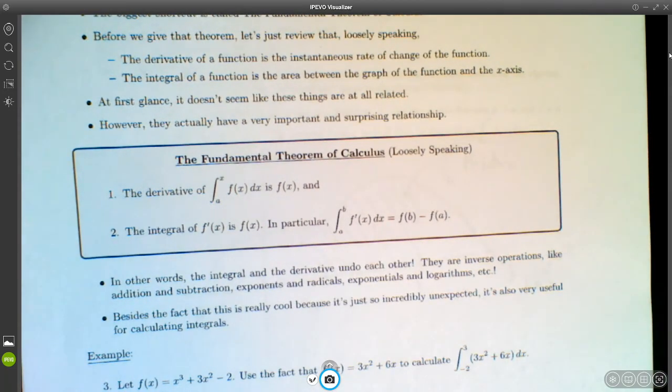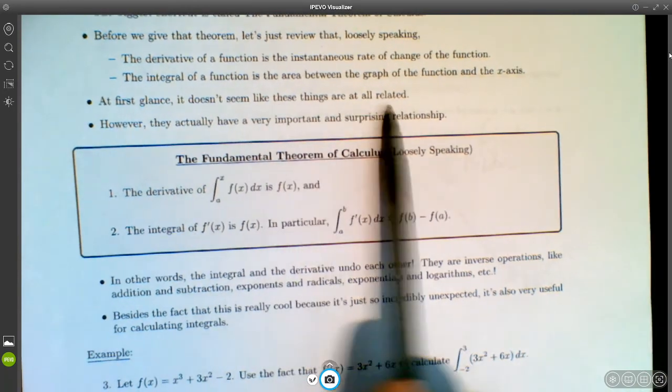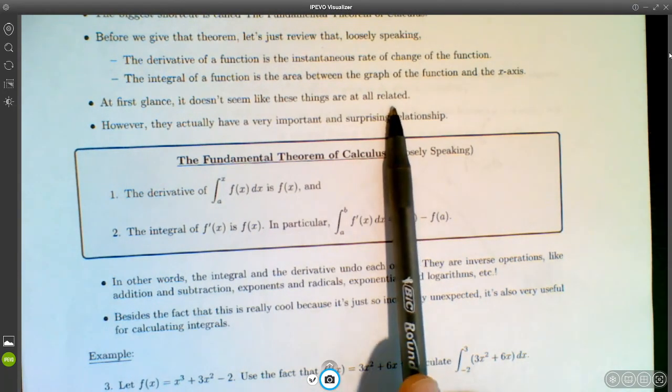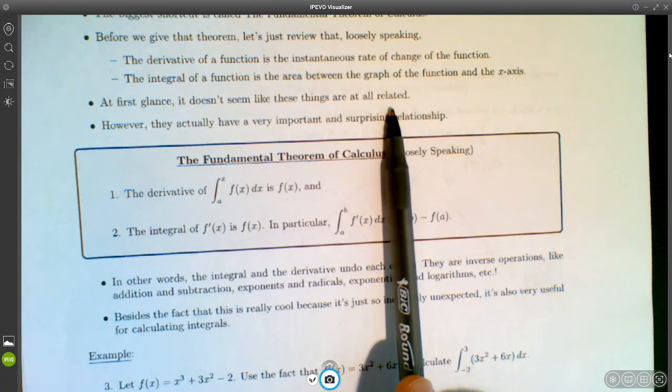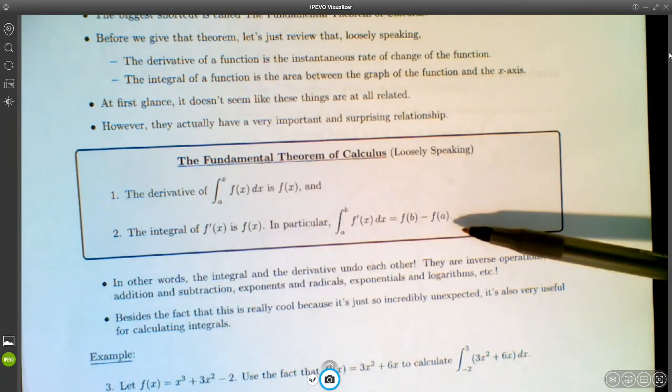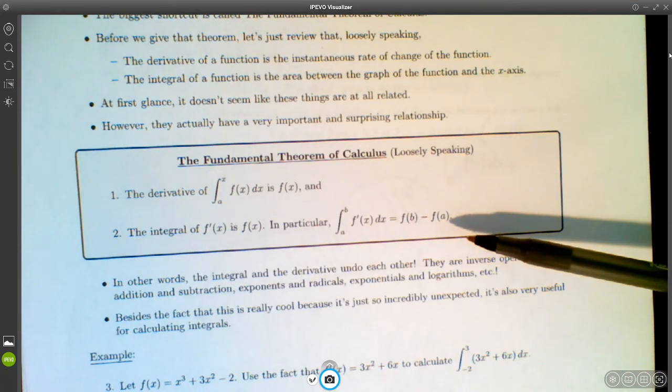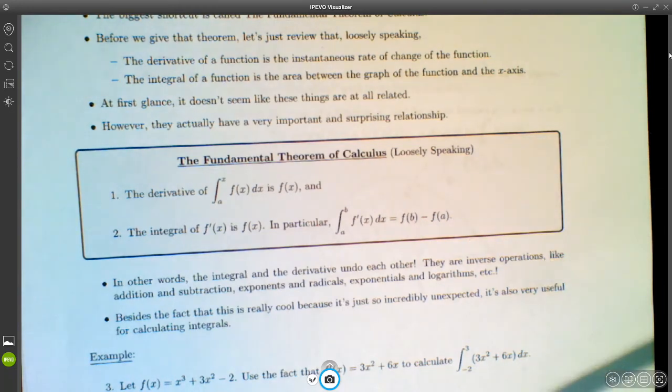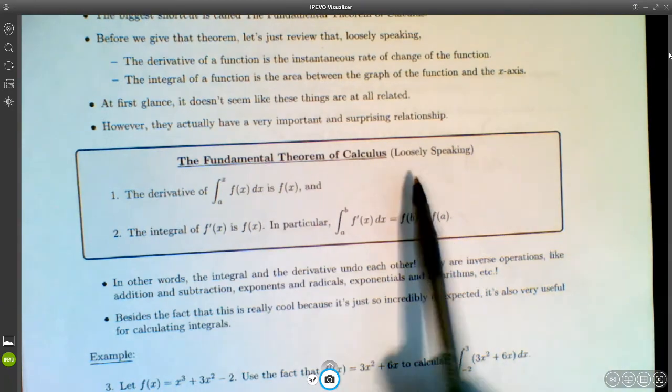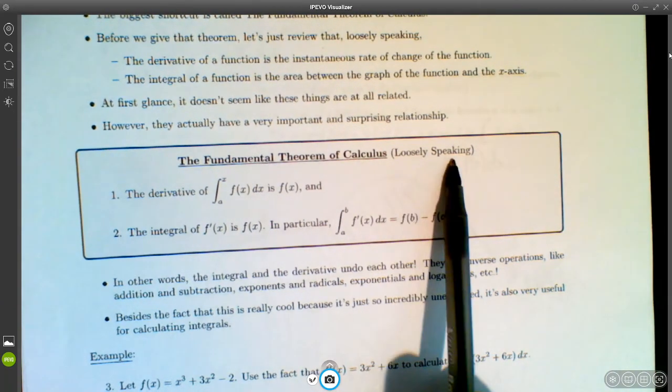At first glance, it doesn't seem like those two things are related at all, but the fundamental theorem of calculus tells us that they are in fact inverse operations of one another.